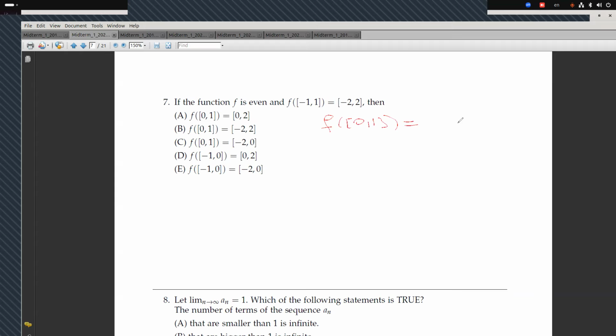The range needs to be the same? Yes, because the function is even. So it should be minus 2 to 2, okay?